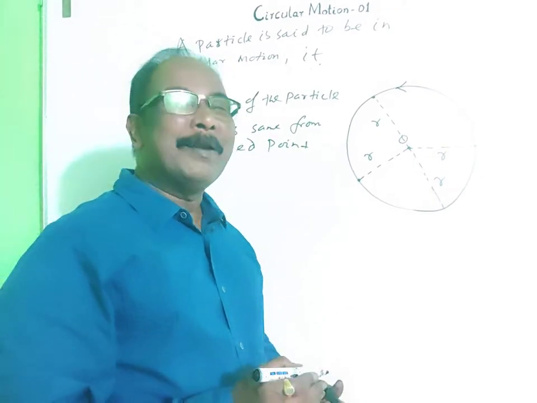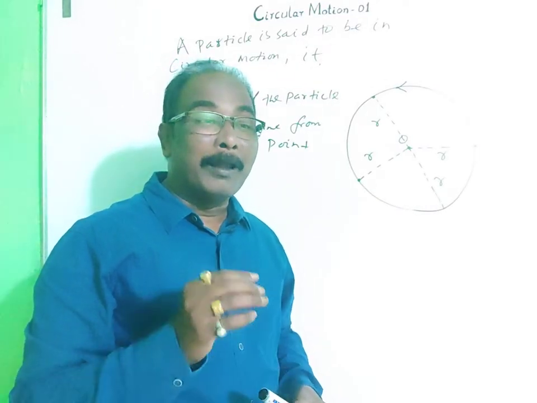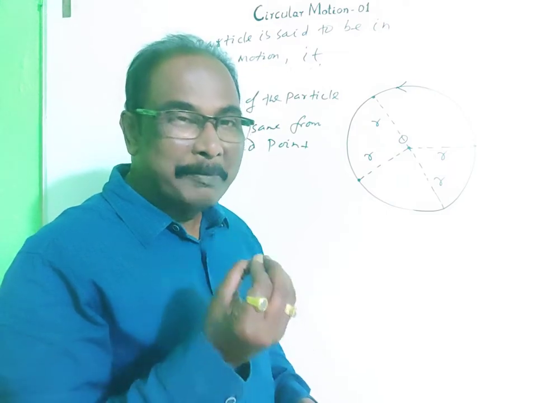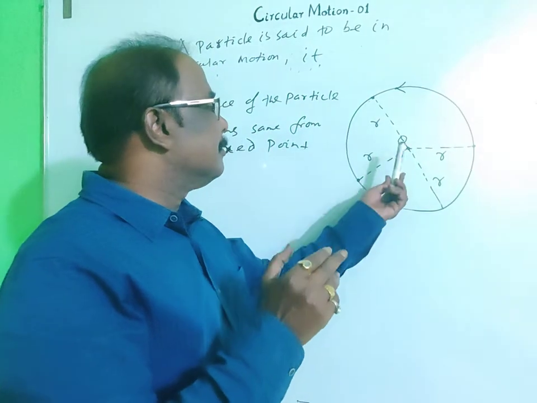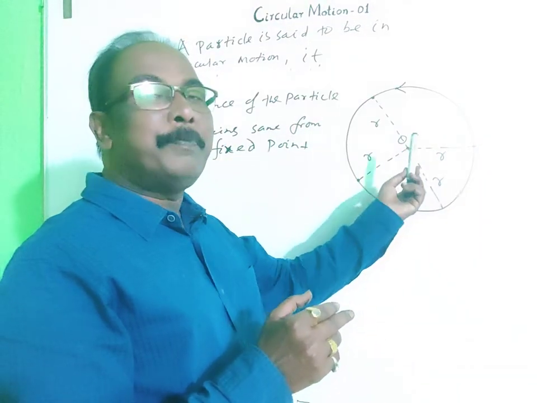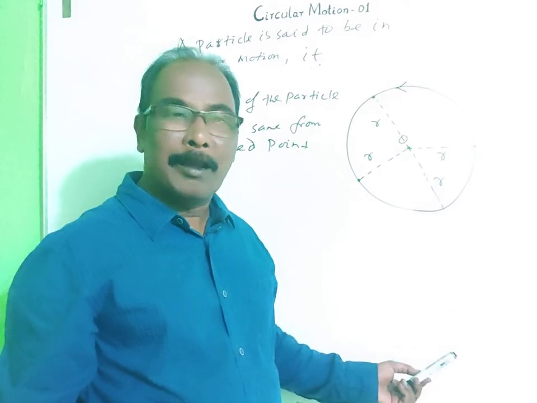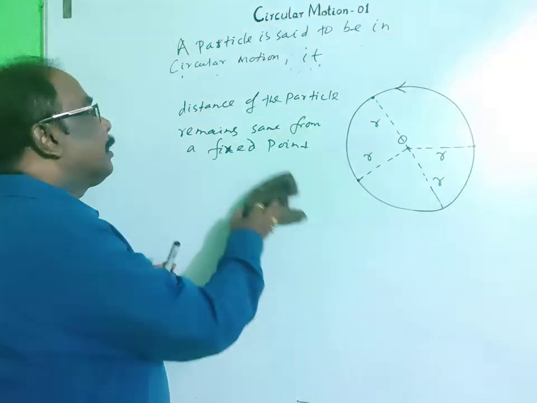Okay. So circular motion is the type of motion in which a particle moves in such a way that its distance from a fixed position always remains same or always remains constant. Okay. So this is fundamental definition of circular motion.